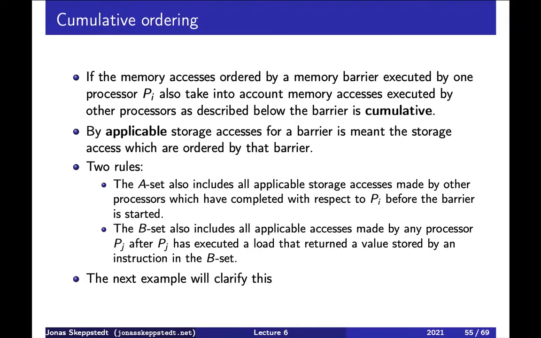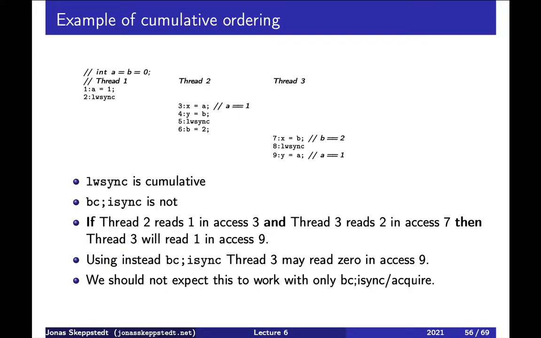Okay, and the B set, those which should be after the barrier, are the future instructions. And we will see the effect of cumulative memory barriers: the lightweight and also the heavyweight sync are cumulative, but the isync is not.